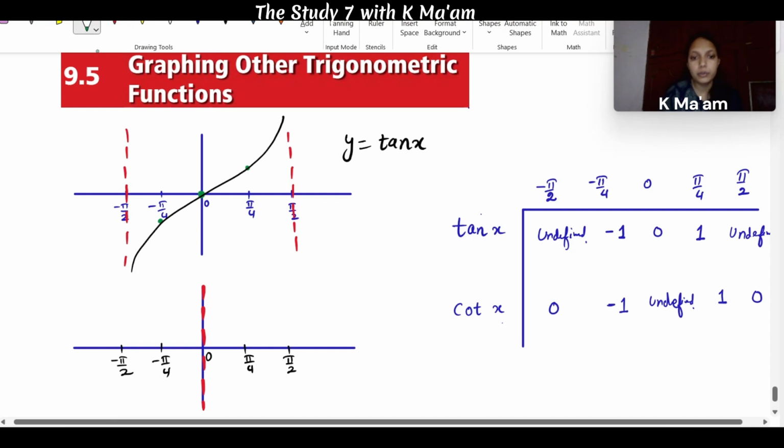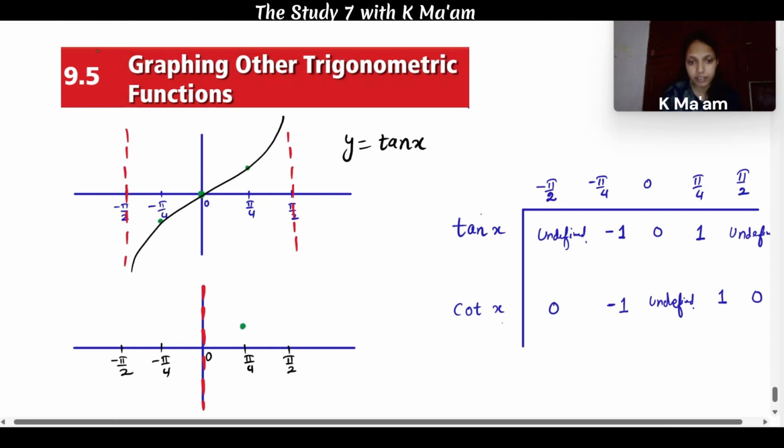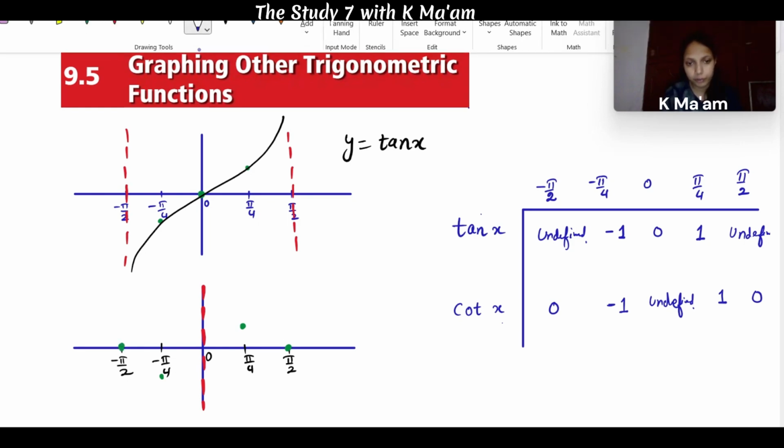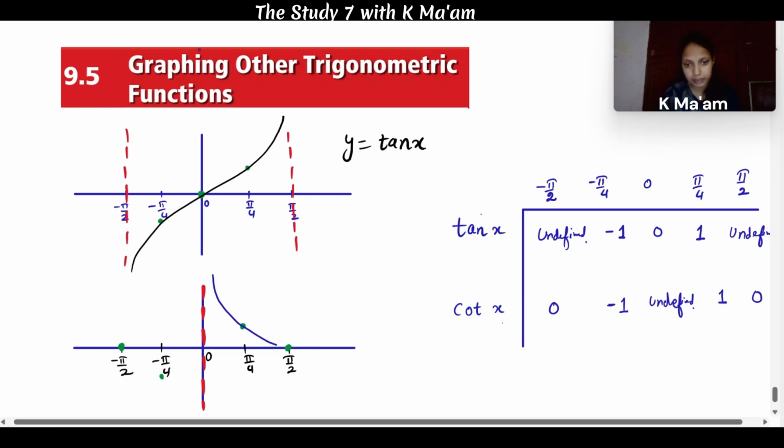And the other values: at pi by 4 it's positive 1, here it's 0, it's negative 1 and it is 0. Now try to connect. If you connect, it will be like this, and again like this here.